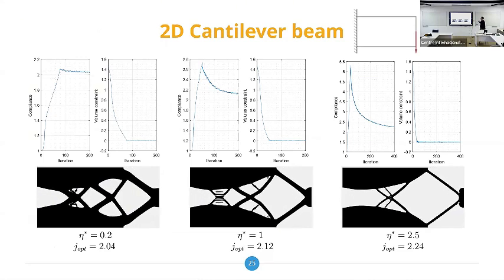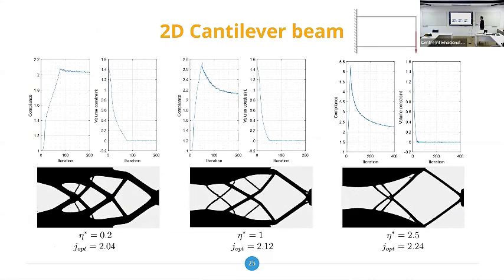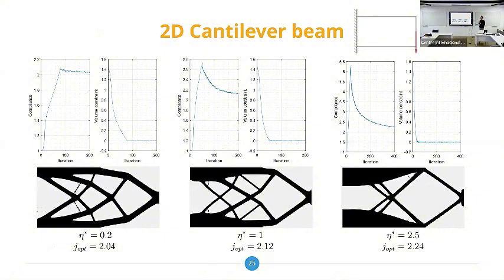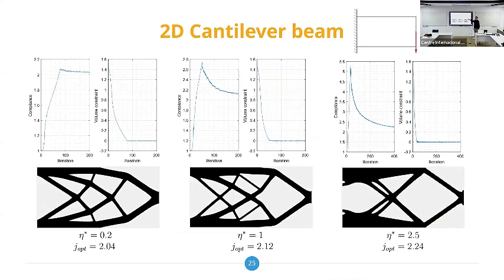I have solved the cantilever beam for 3 different values of the eta star. Remember, eta star is the intuitive parameter for the user. So the lower the eta star, the more time it takes for the volume to arrive at the volume target, the volume constraint.